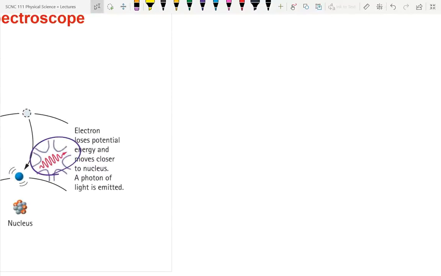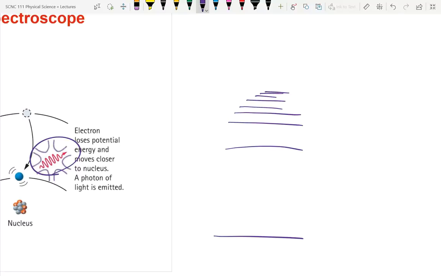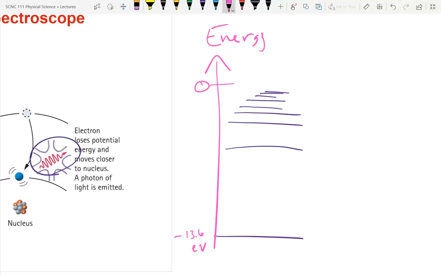And so according to the Bohr model, your electrons can have only certain energies. So energy is on this axis. Up here is 0. Down here for hydrogen is minus 13.6. The units we use are electron volts. Don't get hung up on the electron volt.